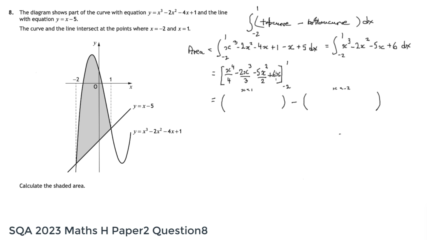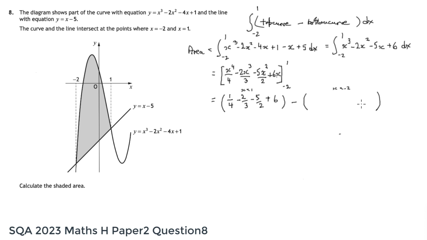We can do bits of this in our head. 1 to the power 4 is 1, so our first term is 1/4. 1 cubed is 1, so this just becomes -2/3. 1 squared is just 1, this becomes -5 over 2. And 6 times 1 is just 6.